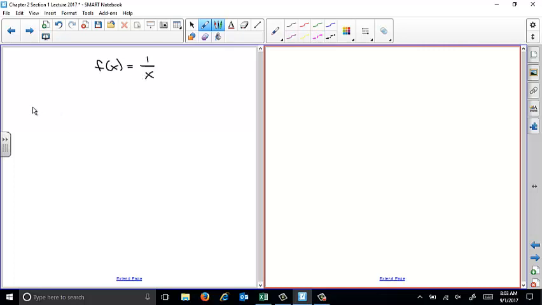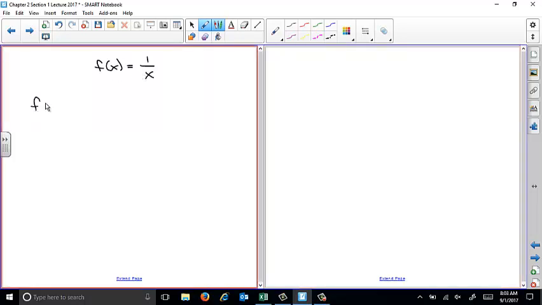You have the function. You write the function as a function of x plus delta x. So what we do is we take the original equation and substitute x plus delta x in for x.